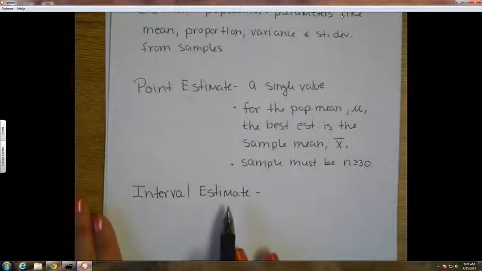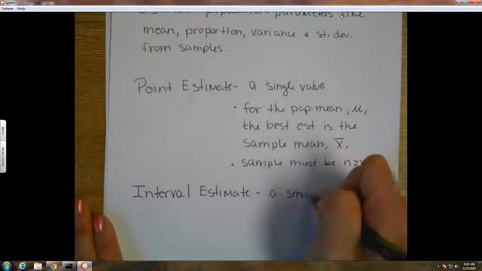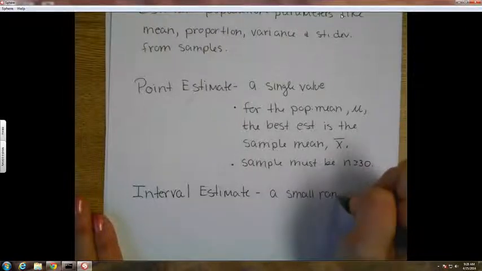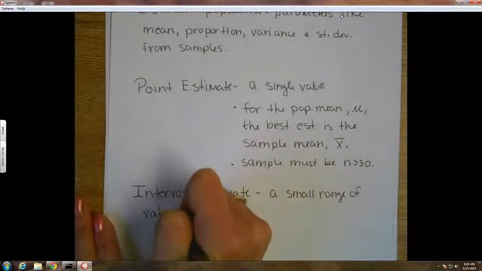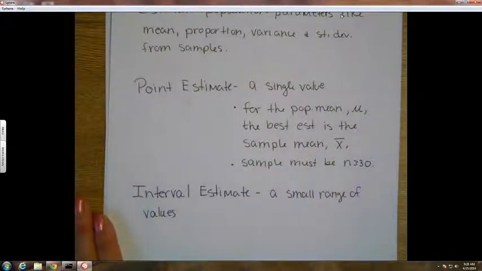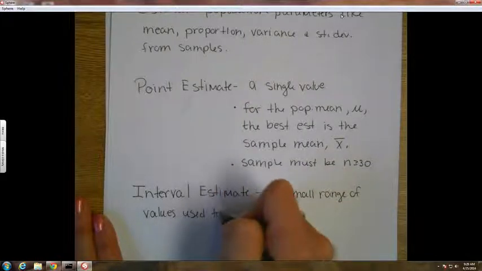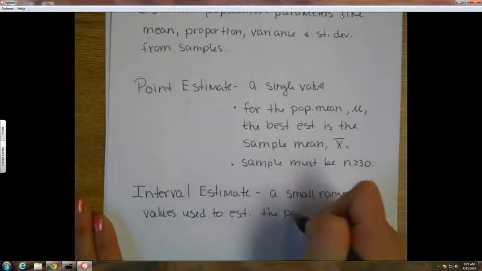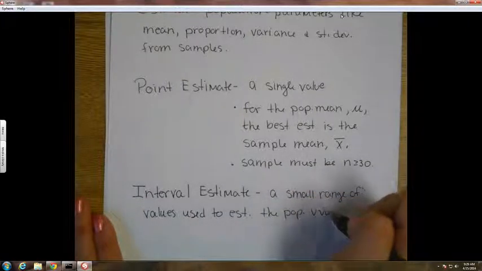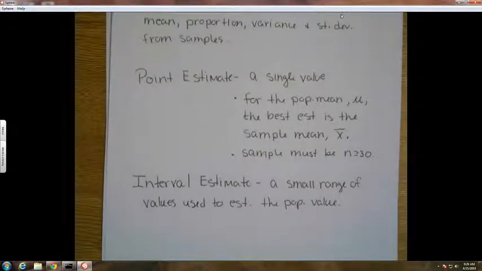So an interval estimate is a small range of values used to estimate the population value. Okay, so there's a lot of vocabulary before we actually get to the process. The process is pretty easy.